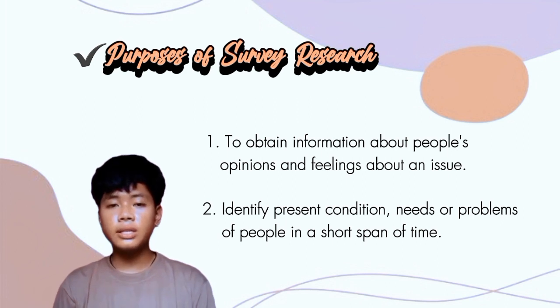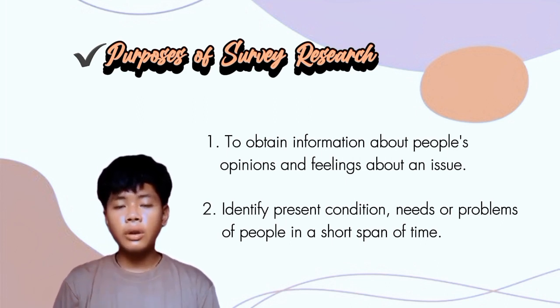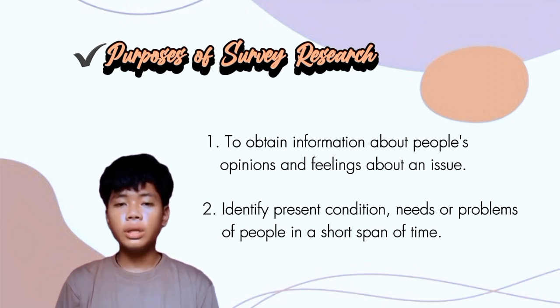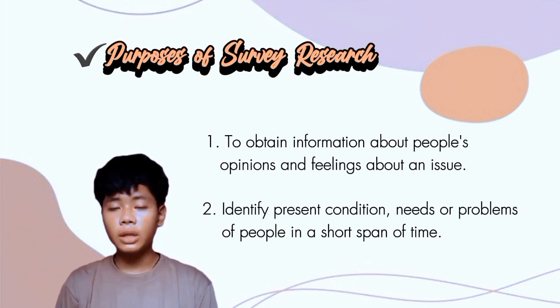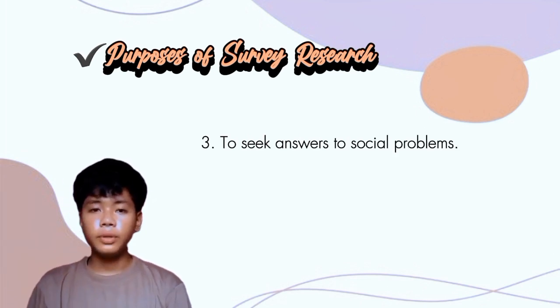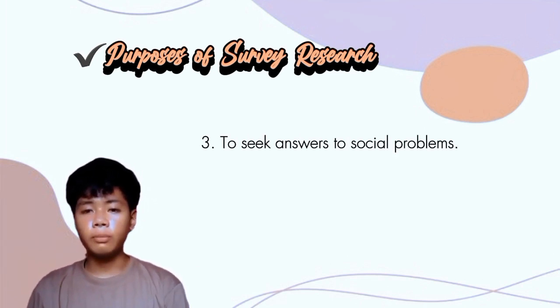Of course, as a researcher, it is our duty to identify the condition, needs, or problems of people in a short span of time so that we could give them answers for their problems. Third, to seek answers to social problems. So basically, we are doing a research so that we will know the issues that we are facing right now and provide answers to it.